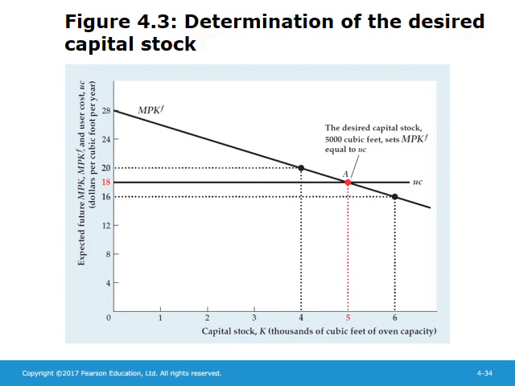If I'm exceeding the A, I'm working at 6,000 cubic feet of this machine, like the oven, the example given to you by the book. Here it's the opposite. The user cost of capital is higher than the MPK, the marginal product of capital, and then targeting maximizing the profit, the interest of the firm would go in the direction of lowering the capital amount that it uses, moving from 6 to the lower side towards 5 again.